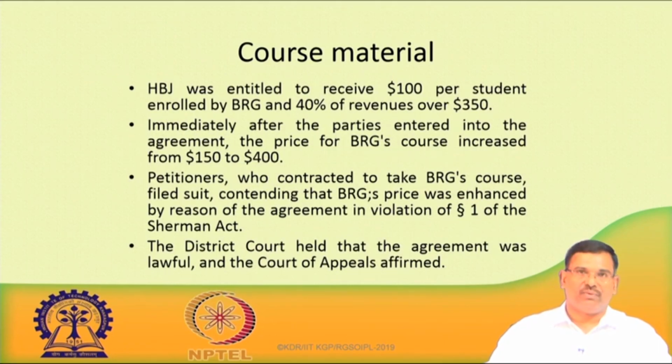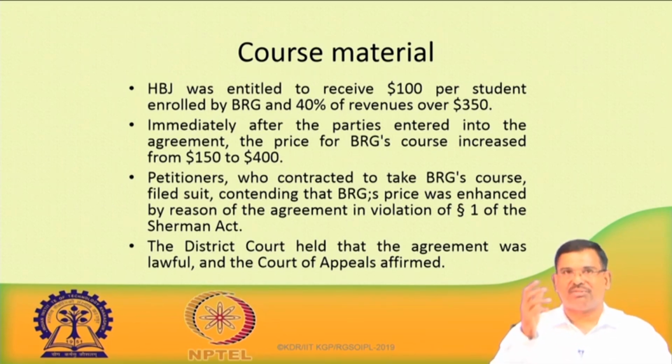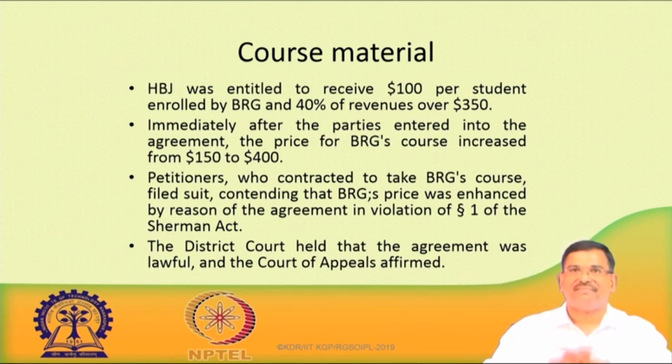Here you see, if you look into the transaction, the licensing agreement, immediately after the parties entered into the agreement, the price of this course material increased from $150 to $400. So, it means more than double.